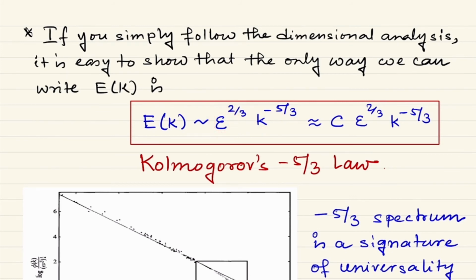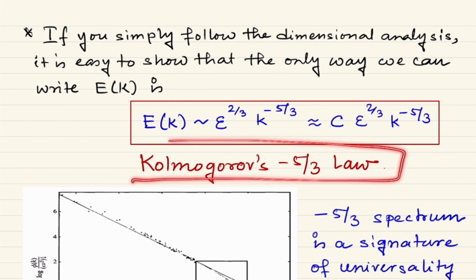Finally, Kolmogorov also said that there should be a constant of proportionality which makes them equal, known as the Kolmogorov constant. This constant can be different for different turbulent systems. So Ek varies as k to the power minus 5/3 for a given turbulent system, and this is nothing but Kolmogorov's minus 5/3 law.